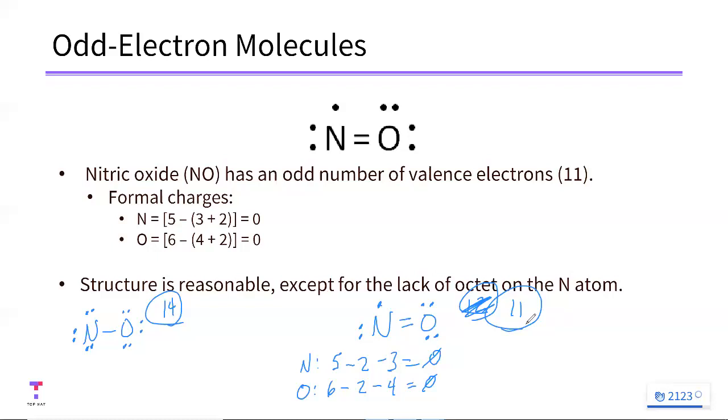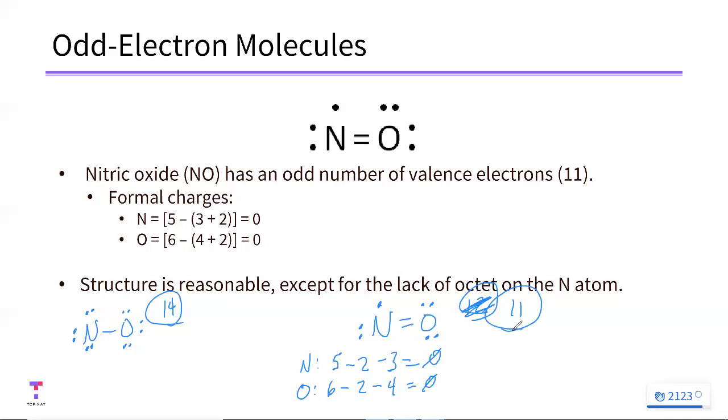Like I said, we see this a lot when it comes to nitrogen kinds of compounds. Nitrogen monoxide does this, nitrogen dioxide does this. A lot of nitrogen compounds work this way because nitrogen can't break the octet rule.